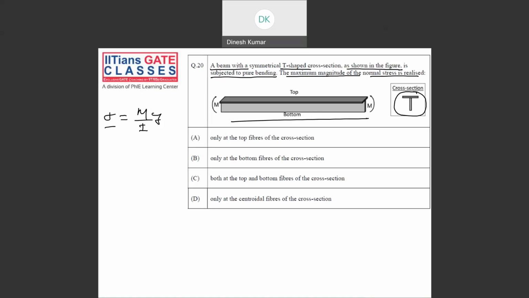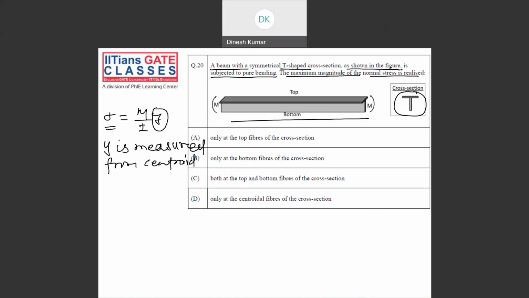So usually your sigma is max on a section where your I is minimum, and your y is measured from the centroid.